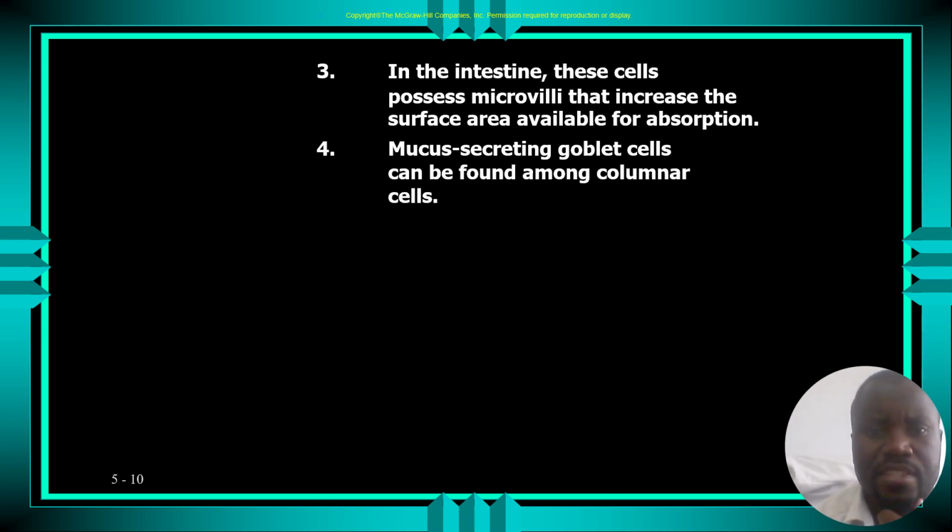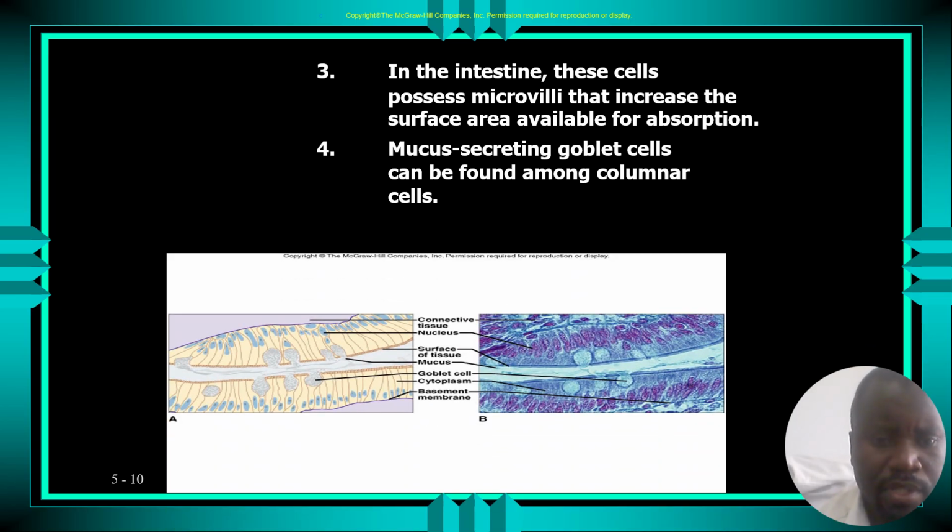In the intestines, these cells possess villi, which are finger-like projections, and they increase the absorptive capacity of the intestines. Mucus secreting goblet cells, also in the stomach, are very important, where they perform the function of secretion of mucus. So again, you can see the tall cells there with just one layer.